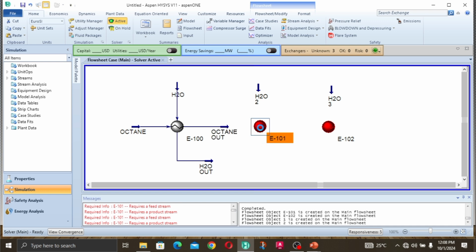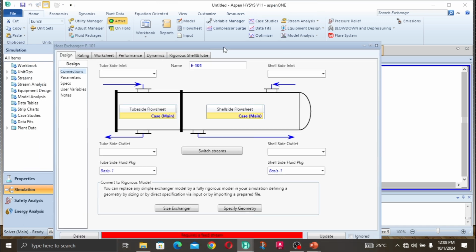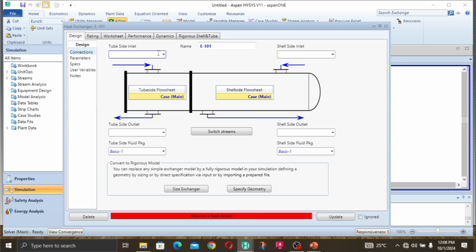So to make our heat exchanger train work, we will connect our tube with our octane outlet as the tube inlet, and name this octane out 2. For the inlet, it's Mary's second frozen bowl, which is H2O2. We will call it H2O2 out.